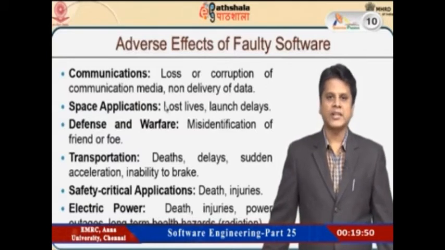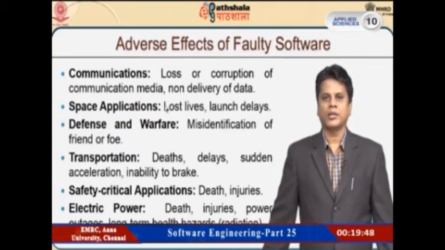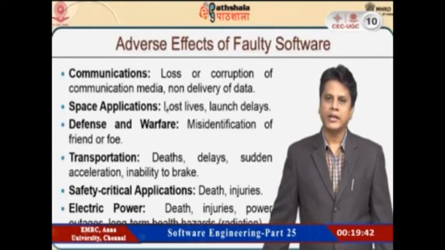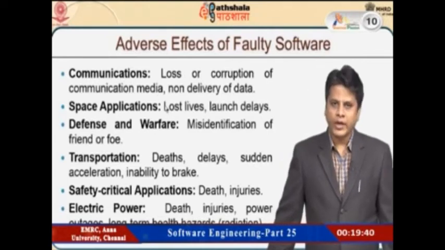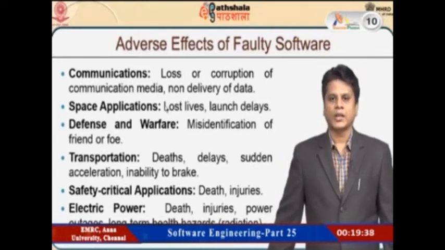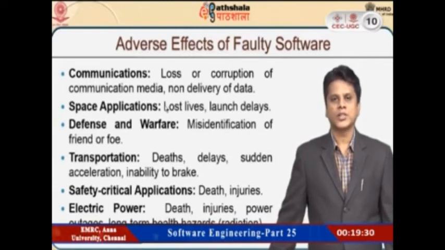If you look at defense and warfare, it can misidentify a friend or a foe and it can lead to death. If you look at transportation, again we have deaths, delays, there can be sudden accelerations, inability to brake because of some faulty softwares.